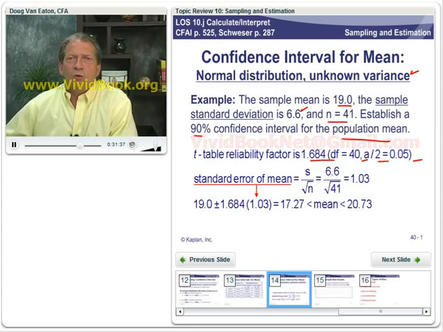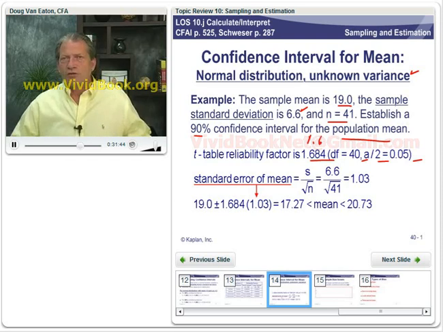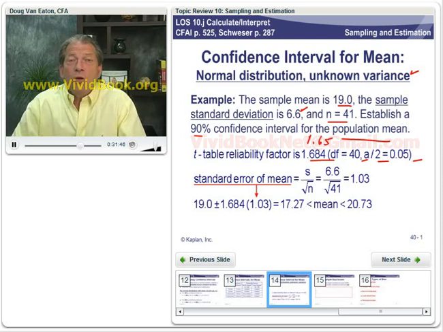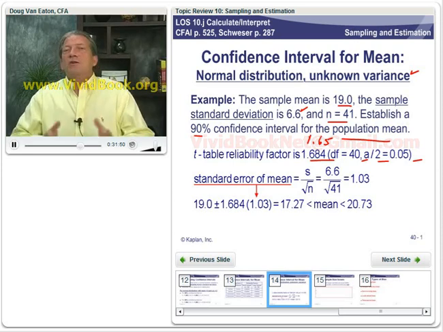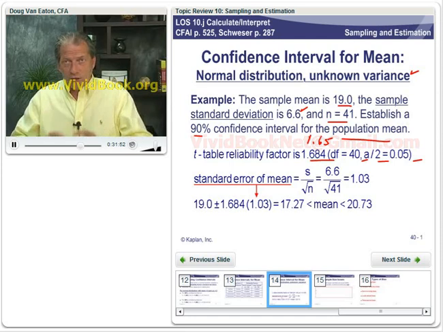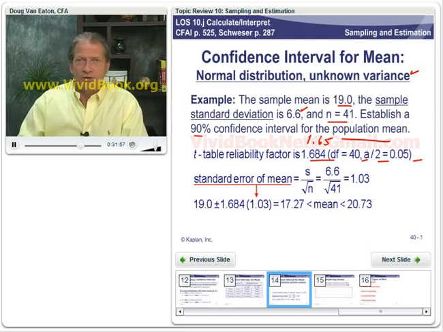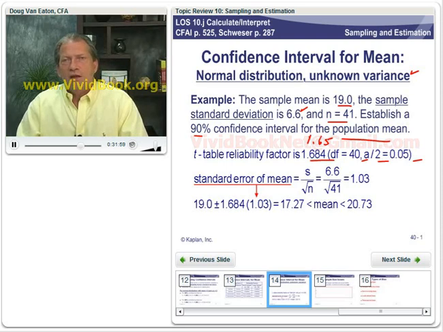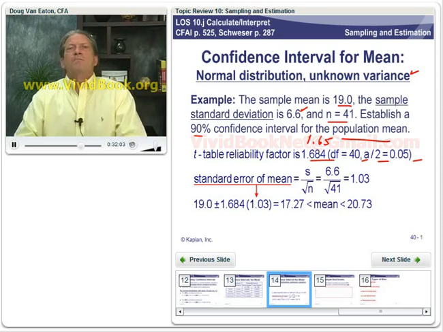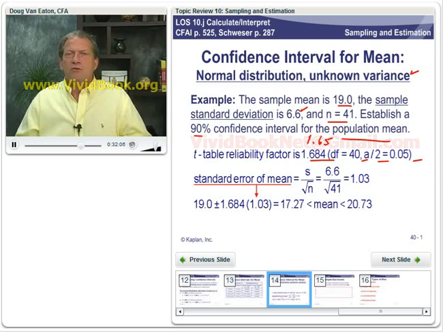And notice, what was our reliability factor for the normal? 1.65, or more precisely 1.645. Notice that with the t distribution assumption, we need a little wider interval. That's why that reliability factor of 1.684 is a little bigger than the reliability factor if we could assume that these sample means were normally distributed.